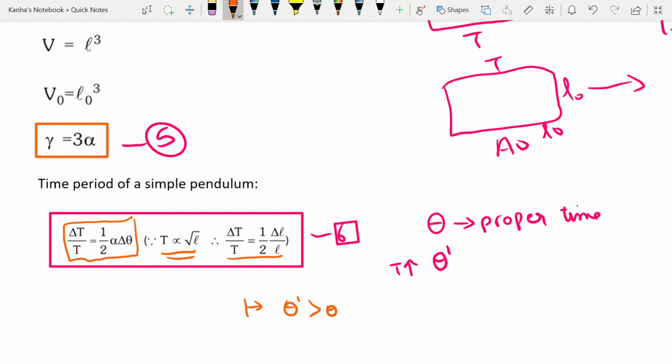And if they say that the clock gains time, that implies theta is greater than theta prime. So you should know this terminology properly. The first one is for losing time. The second is for gaining time.